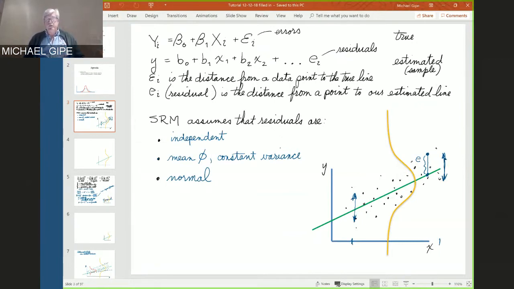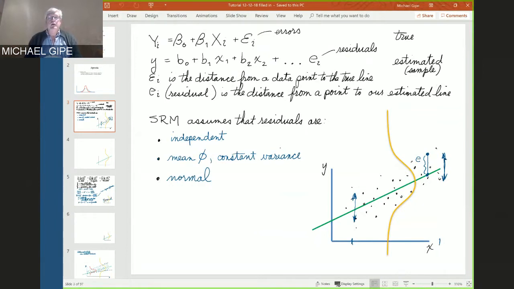in this regression model. When we actually take real data, a sample, and build a model from that, you'll notice we get into lowercase letters. So y equals b0 plus b1 x1 plus b2 x2, et cetera, until we finally have an error term, which we call a residual term. This residual term incorporates all of the errors in the true model plus anything that's off because our sample is not quite perfect.